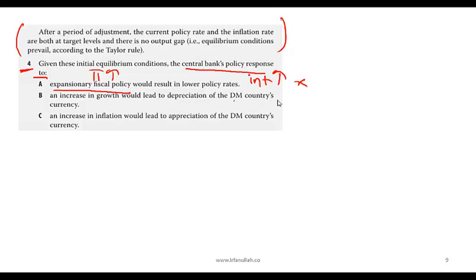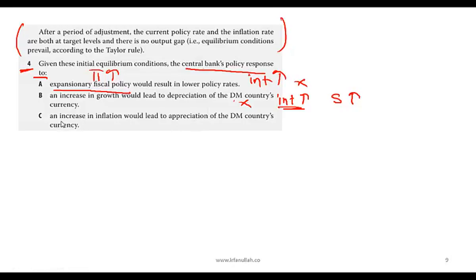By increasing the interest rates. Now, we are purely focused on the central bank actions here because that's what the question is asking for. The central bank's action is to increase interest rates. This policy of increasing interest rates is going to cause the exchange rate to increase or appreciate. Therefore, this is not correct.